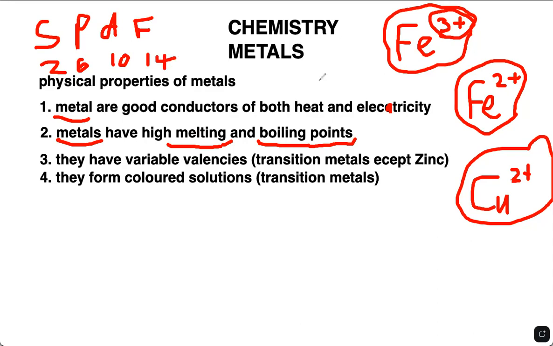Thereafter, they will also guide you that those elements whose d orbitals are full, up to 10 electrons, an example is zinc. That's why zinc does not have a color.